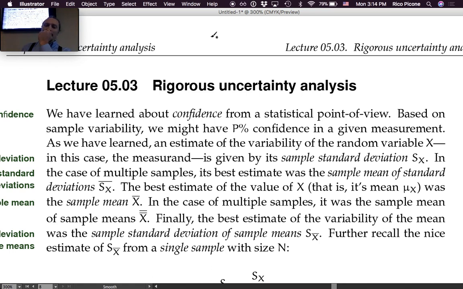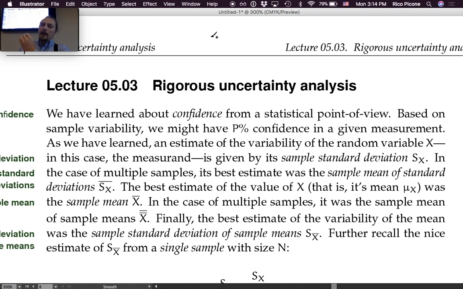So based on sample variability, we might have p% confidence in a given measurement. As we have learned, an estimate of the variability of the random variable x, in this case the measurand, is given by its sample standard deviation, Sx.